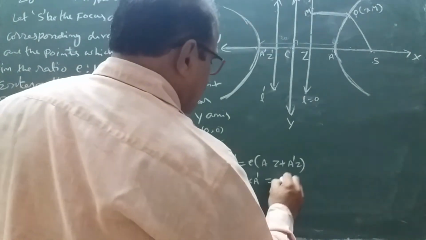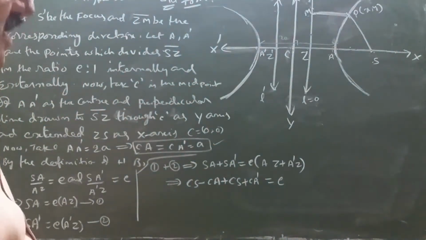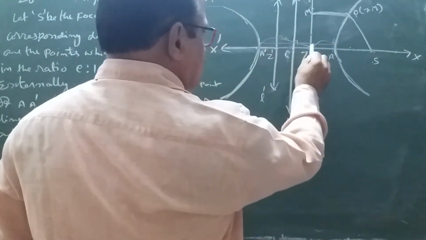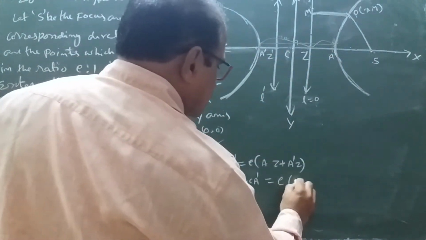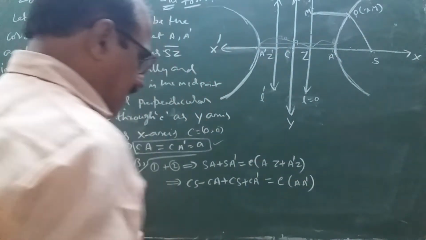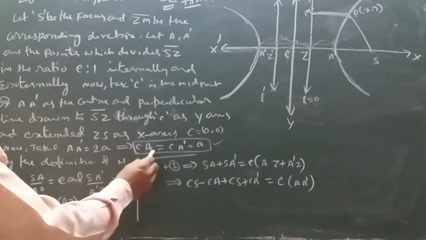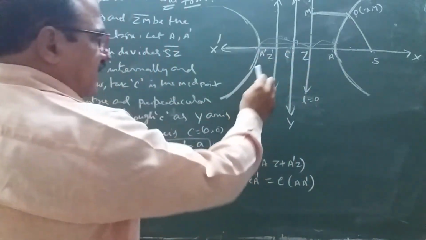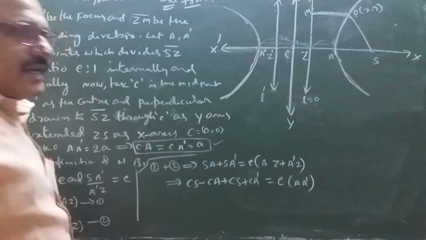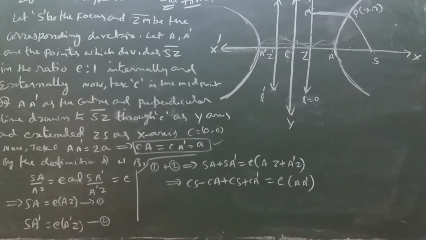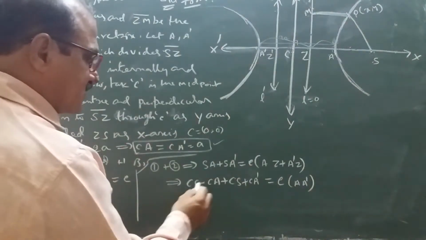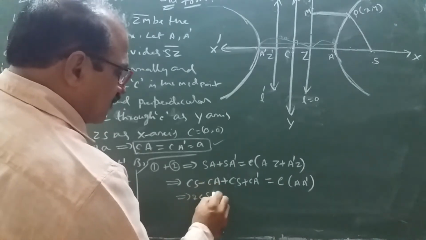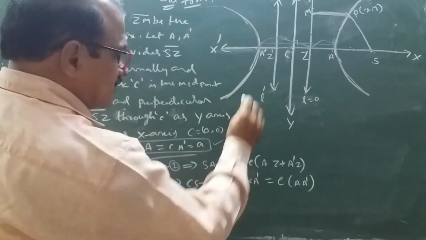On the left side, CS plus CA dash. What is on the right side? E into (AZ plus A dash Z). Now we take the value of CA as a and CA dash as a, since C is the midpoint of A dash A. So we get 2CS.